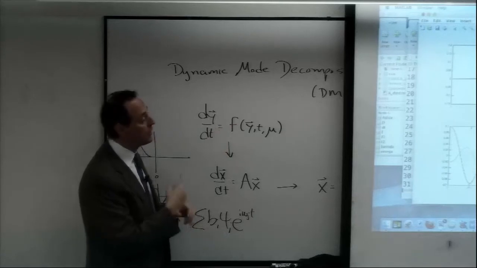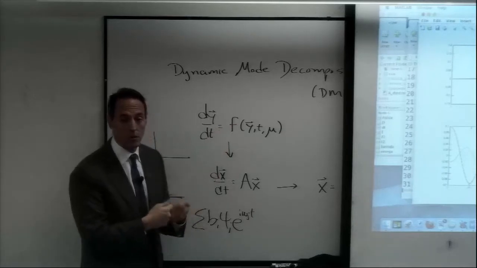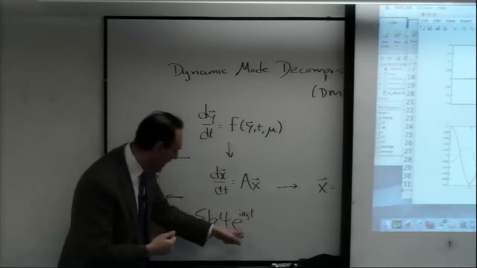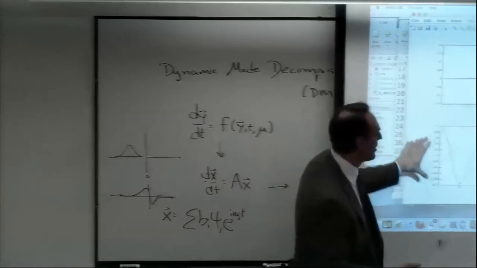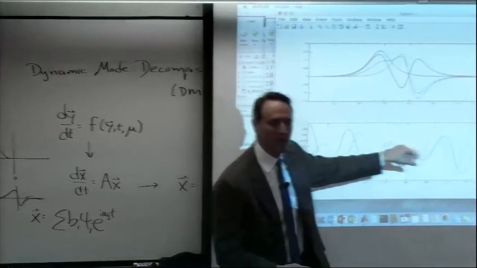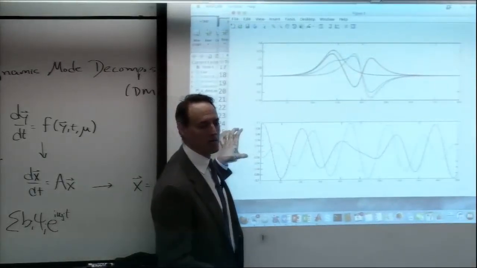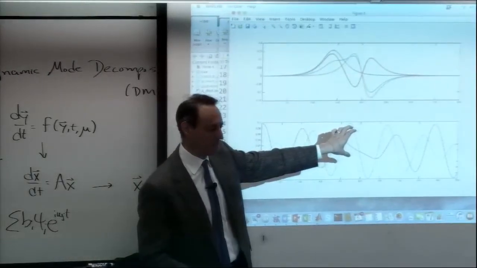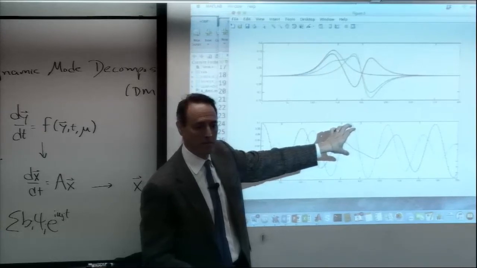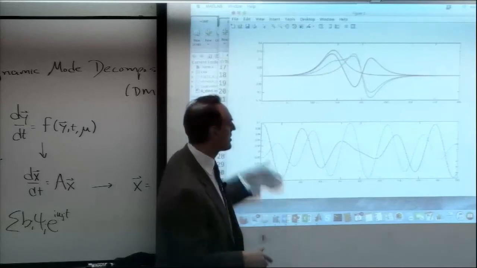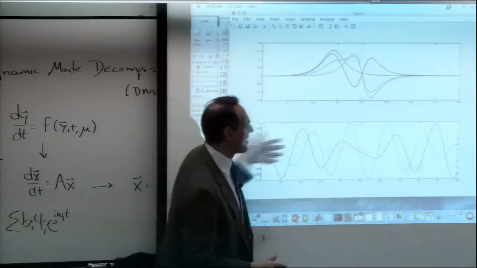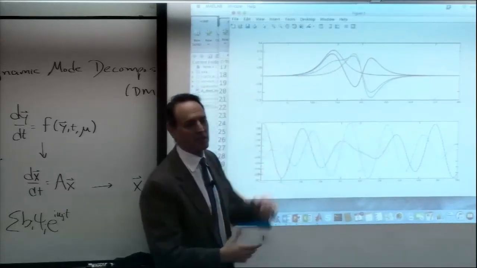Everybody go with that? So it's one piece of good news so far. And by the way, when you plot the solutions, they are exactly oscillatory now. So even if I were to show you here, where it's oscillatory with some envelope, the DMD gives you perfectly oscillatory time dynamics. Remember, it's a regression. One way to think about the regression it's doing is saying, find me the mode so that this thing here is exactly oscillatory.